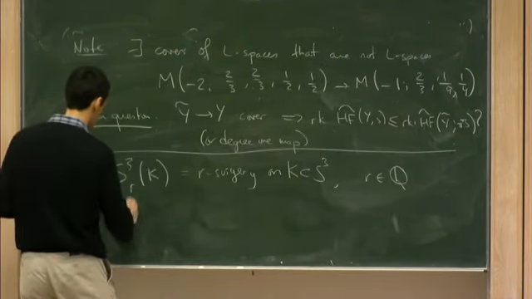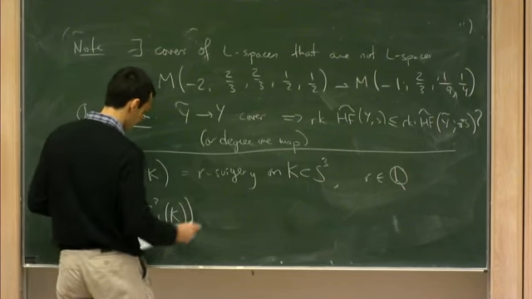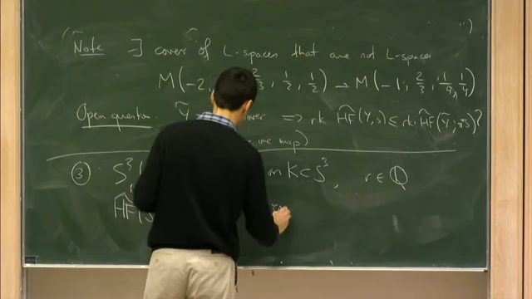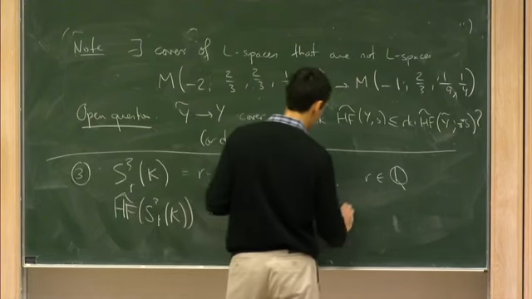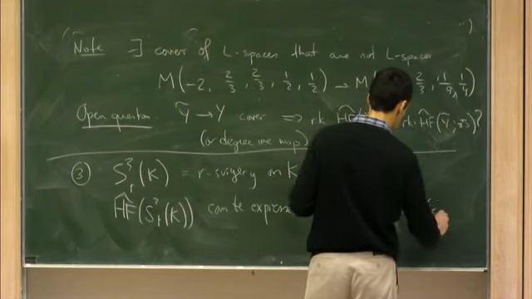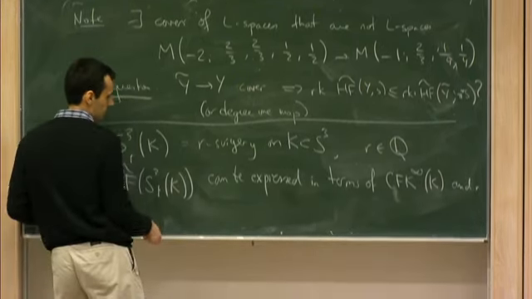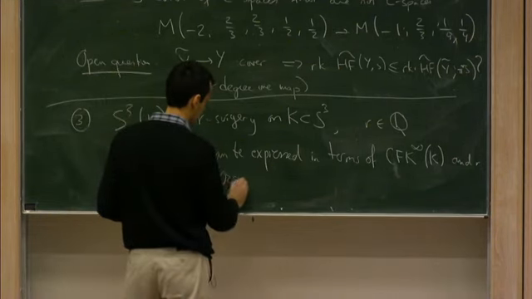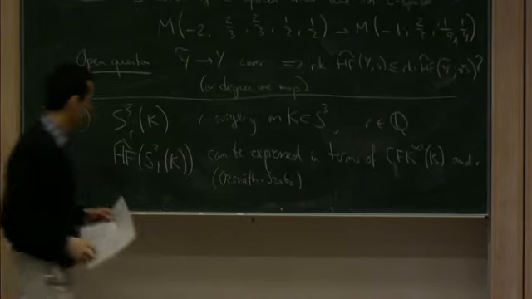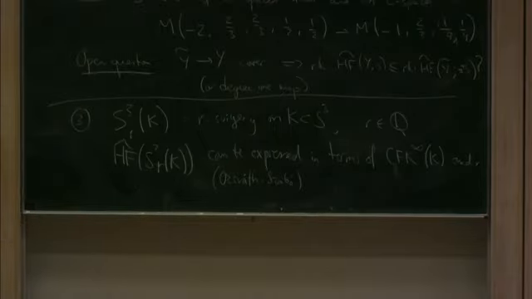So HF hat of S^3_r(K) can be expressed in terms of CFK infinity of K and r. There's something called the knot surgery formula due to Ozsváth and Szabó, and this tells you a lot about surgeries on a knot.